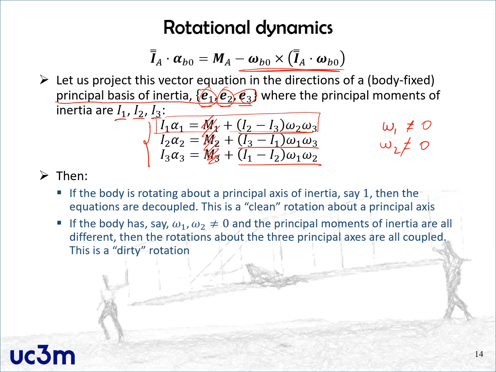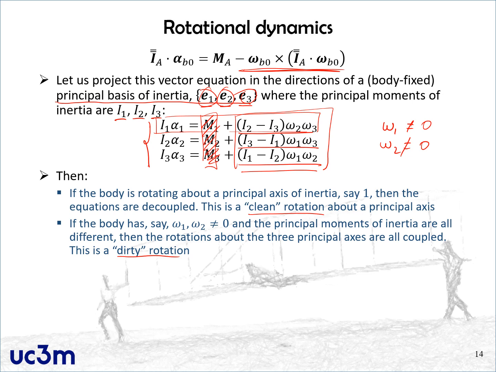This means that the body will not rotate cleanly about a single axis of the body. The angular velocity vector will evolve over time, and it will evolve even if there are no external torques, just because of these coupling terms. I don't think there is a clear name for this, but we can call this a dirty rotation if you want to compare it with a clean rotation from before.